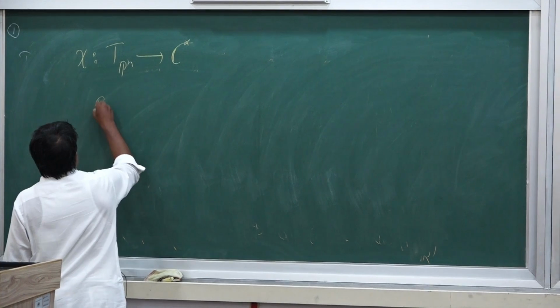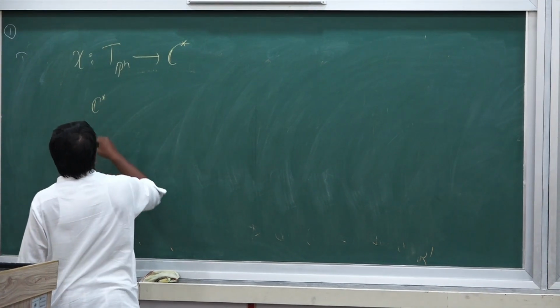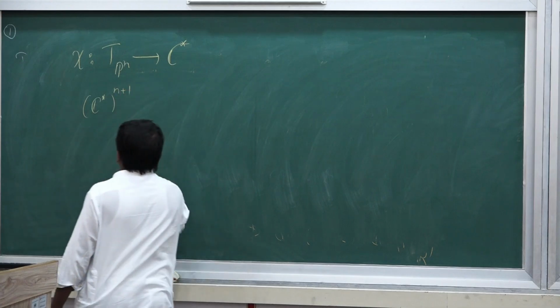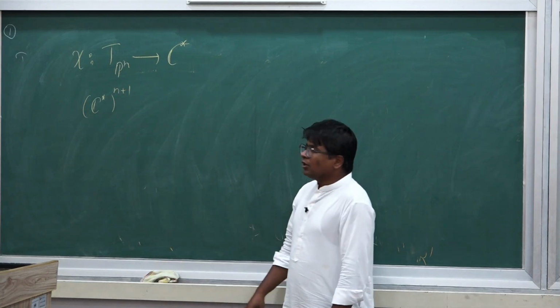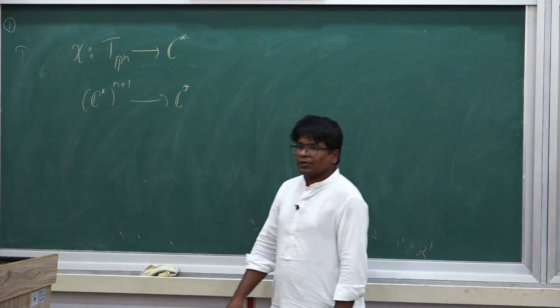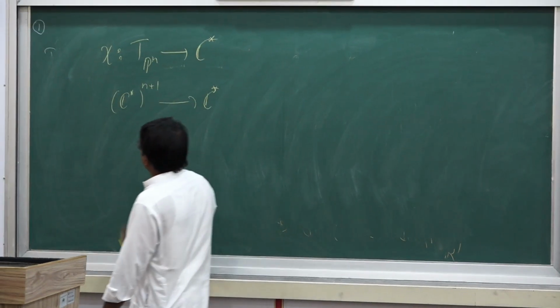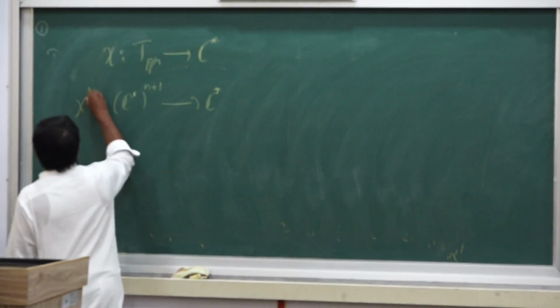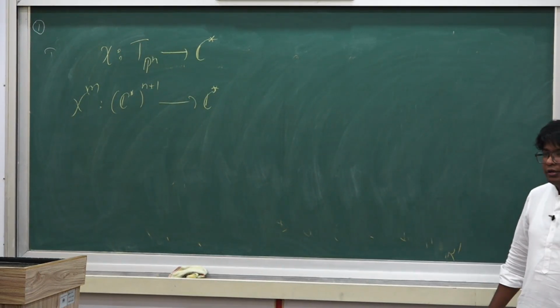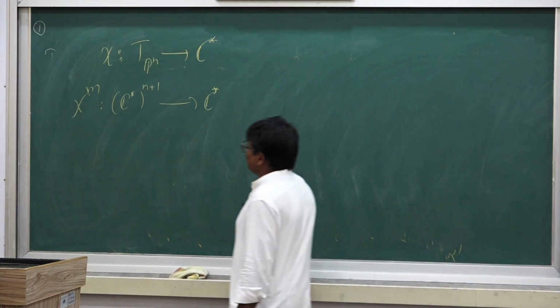I can take a character, an element from C star n plus 1 to C star. And how do I do that? I know that it comes via a vector in Zn plus 1, right?